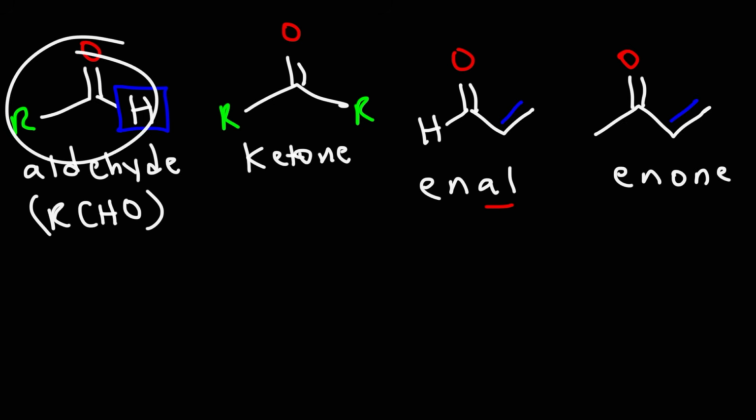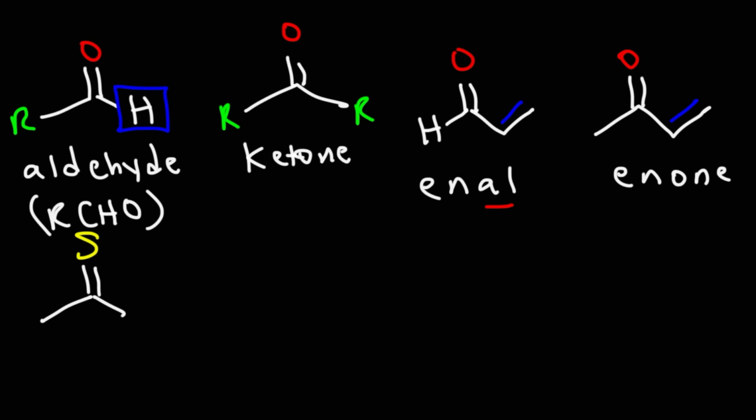Now, if this is an aldehyde, what do you call this? Let's say if we replace the oxygen with a sulfur, what do you call it now? So while you're thinking of that one, I'm going to write up a few more. Go ahead and identify the functional groups if you know what they are.